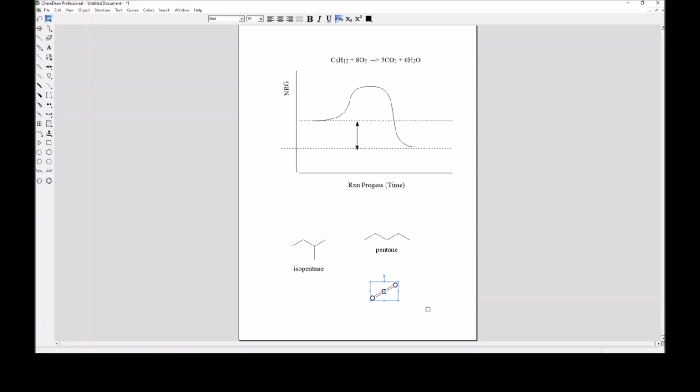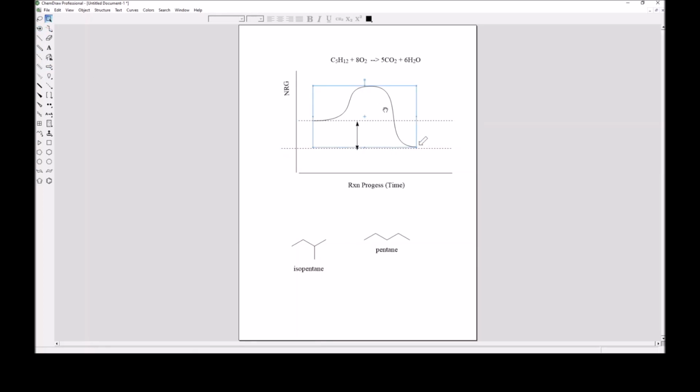So energetically speaking, whether I decide to burn isopentane or pentane, I am going to get to the exact same end point. And so this point right here will be the same for both of my constitutional isomers when I burn them. And therefore, any difference that I see in this delta H value has nothing to do with the end point and has everything to do with the starting point.